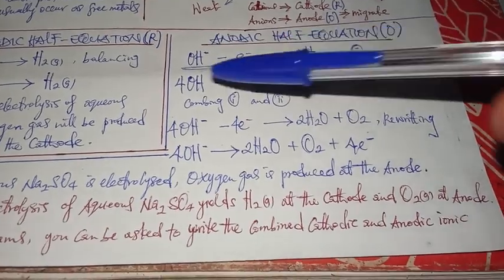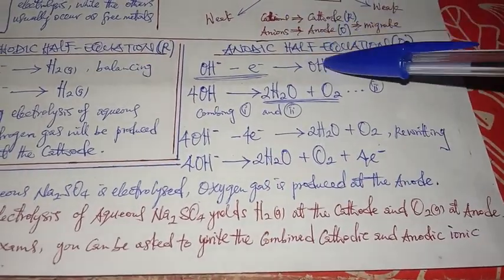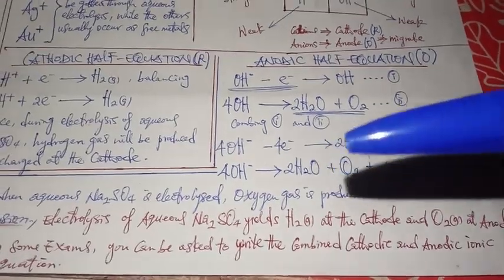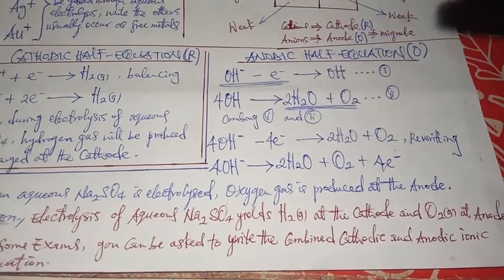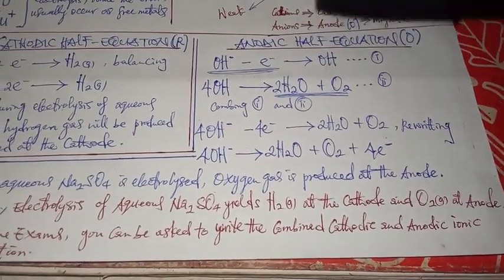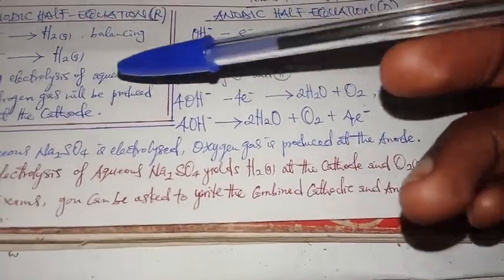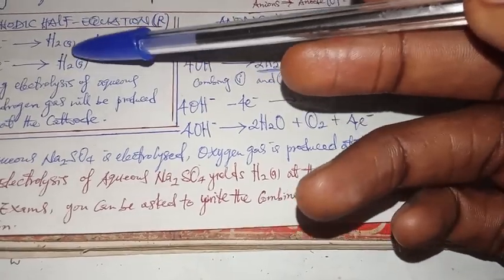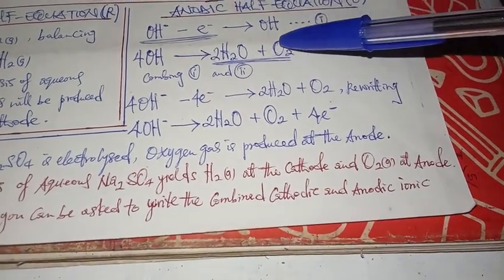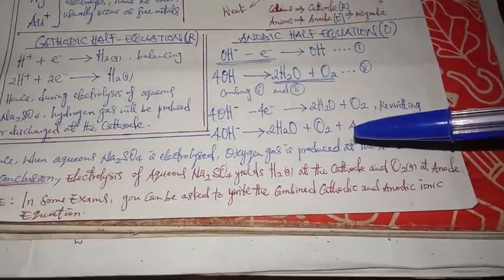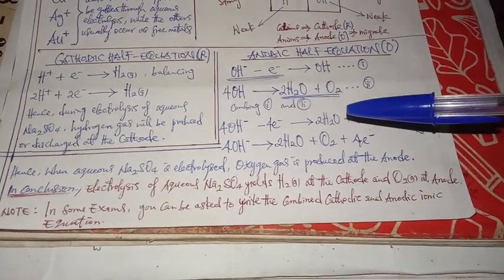And this cathodic half equation and this anodic half equation simply express what is happening at the anode and cathode, which also tells us what will be produced after the electrolysis. So by these equations, we can say that hydrogen gas will be discharged at the cathode. We can also say that oxygen gas will be discharged at the anode.